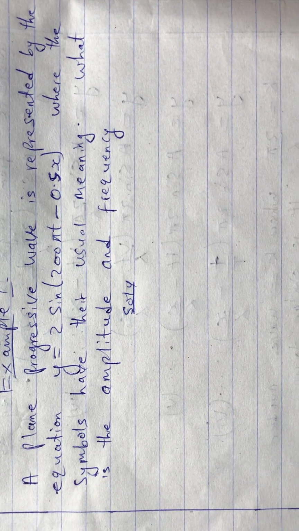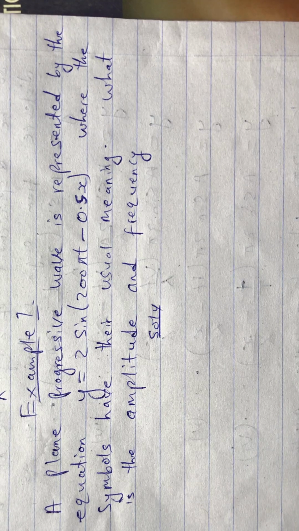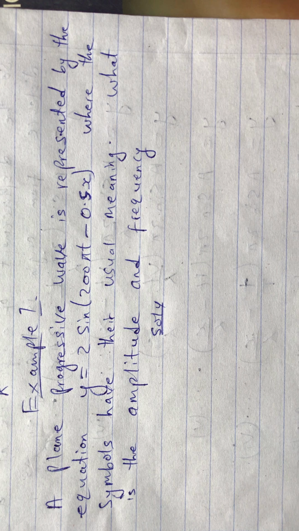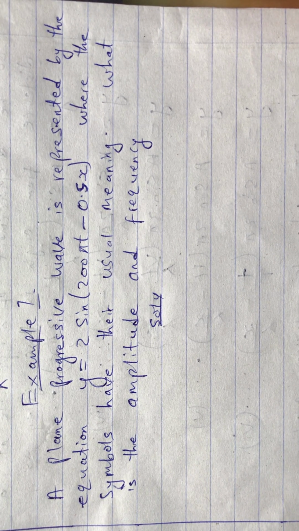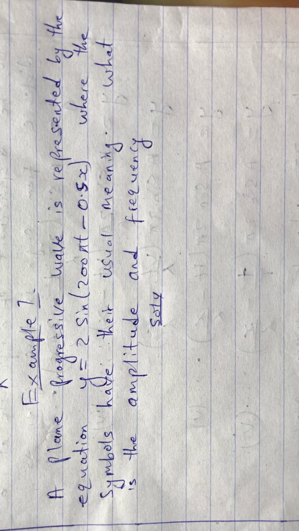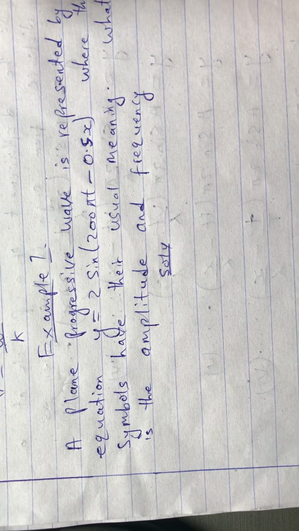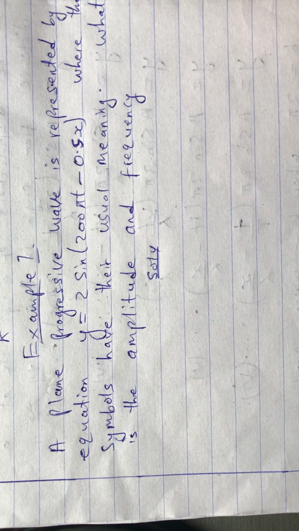It says, what is the amplitude and frequency? These are questions that you're going to see in your various exams, whether you are in your first year in university or second year, or you're writing your WAEC or JAMB. This is the standard question actually.